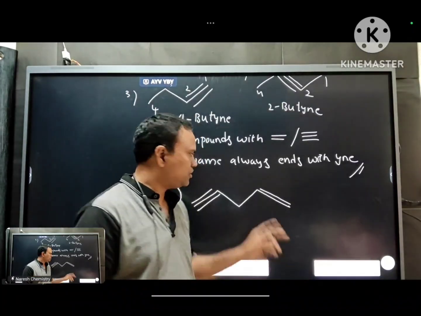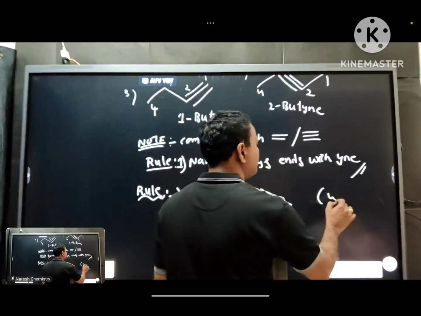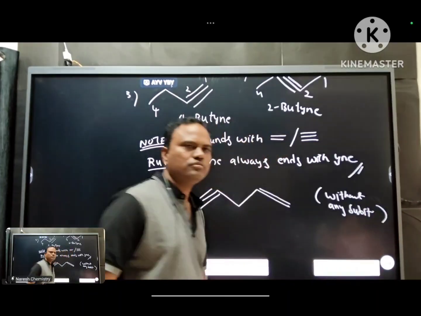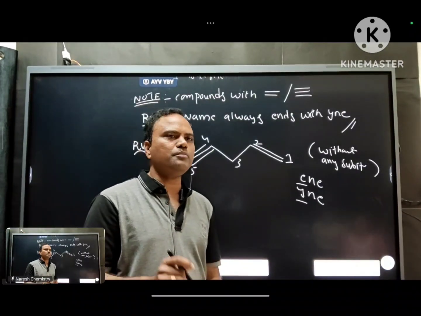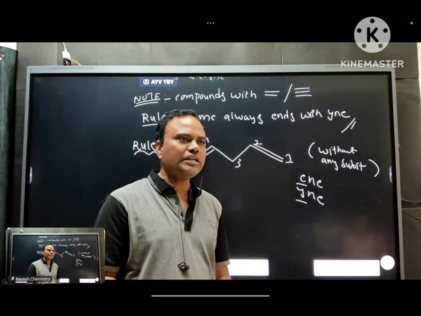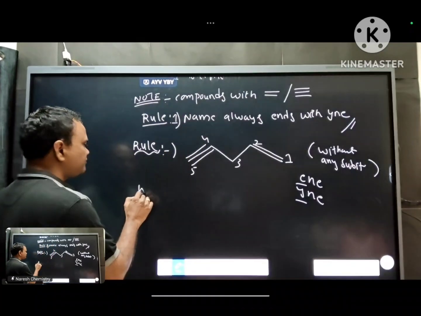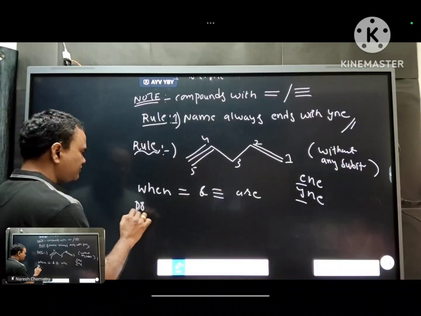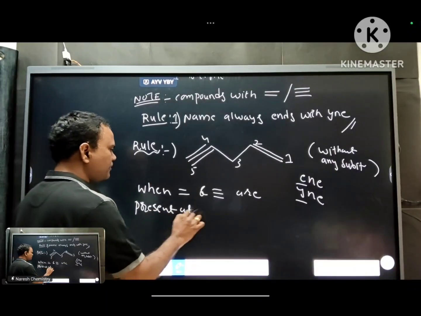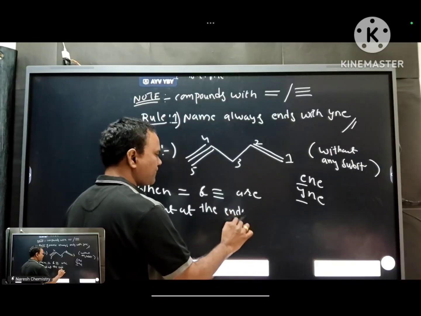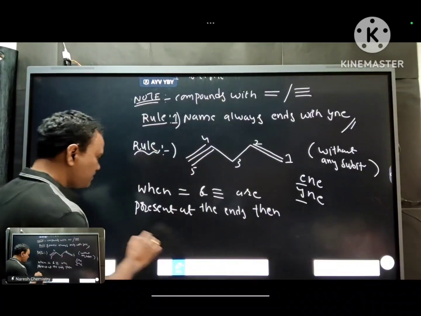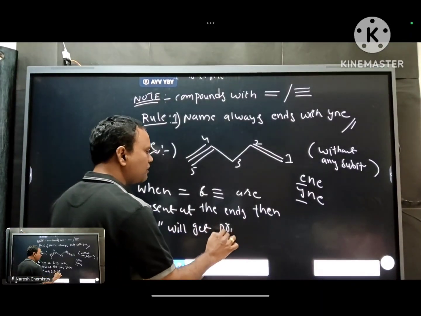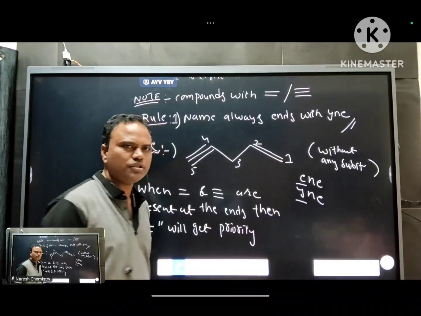When both are present at the ends without any substituent, then the double bond will get the priority. We mentioned there, without any substituent.